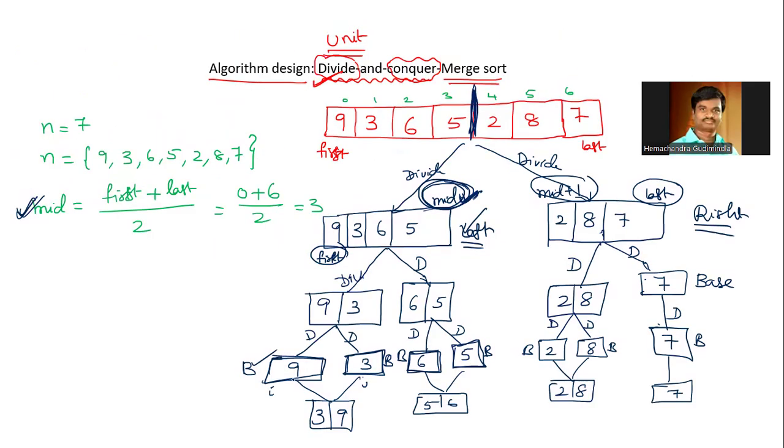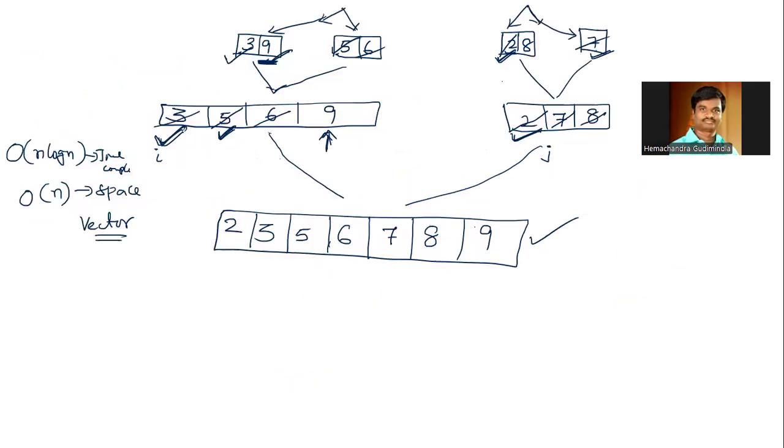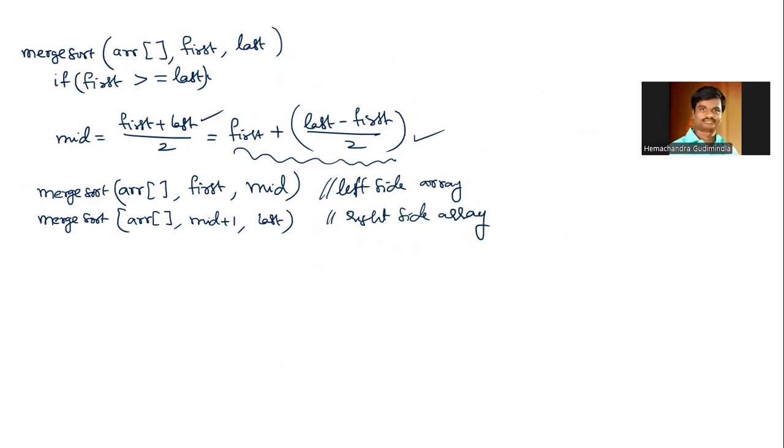We reached this position, individual, only one element is there: 9, 3, 6, 5, 2, 8, 7. We reached this position because further we cannot perform the divide operation. So once you come to that position, first is greater than or equal to last, then you can return the element.